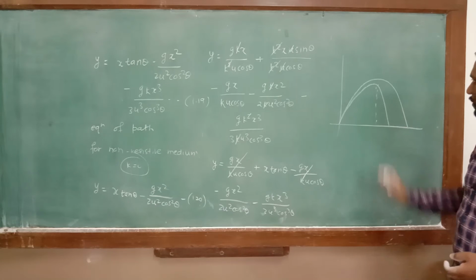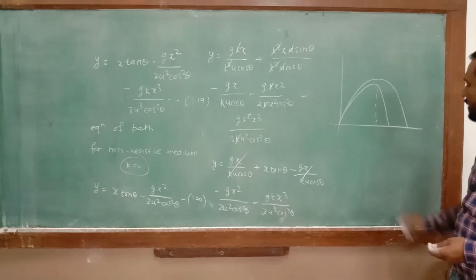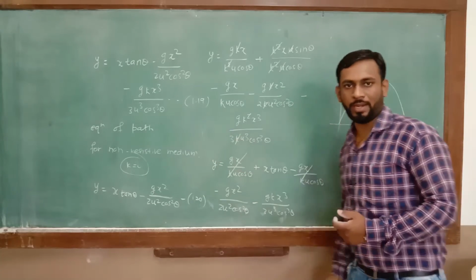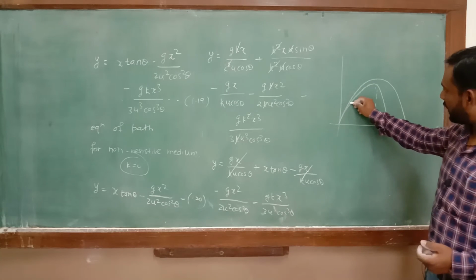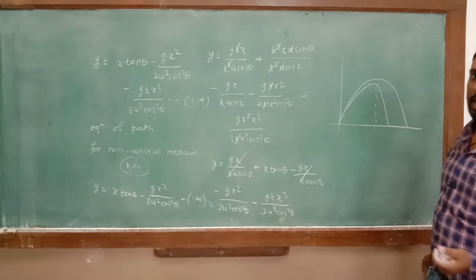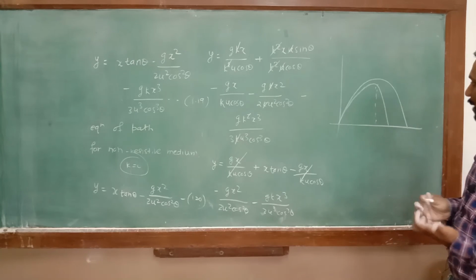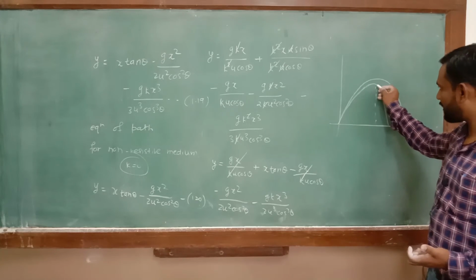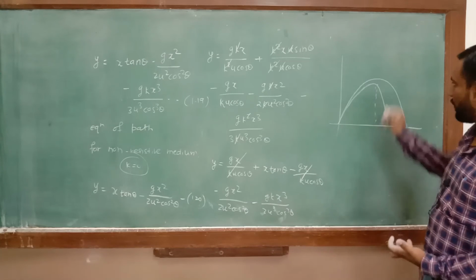Half the part is symmetric to the other half. But if we have projectile motion in the resistive medium, equation 1.19, the motion of the projectile is affected by the K value, and with the same theta angle and the same initial velocity, the projectile follows this kind of trajectory. So the height of the projectile again decreases with these factors.